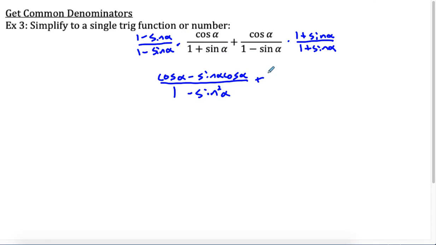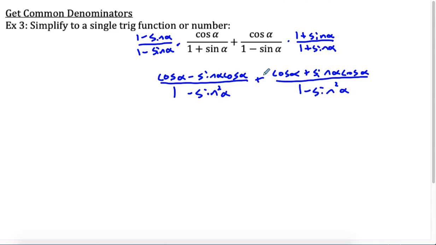Then over here, I'll have plus cosine of alpha, and then cosine times sine of alpha, or sine of alpha times cosine of alpha, all over that same denominator, 1 minus sine squared.